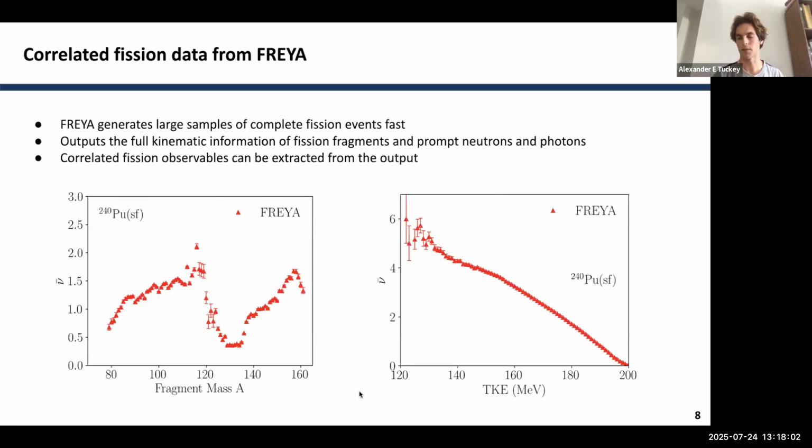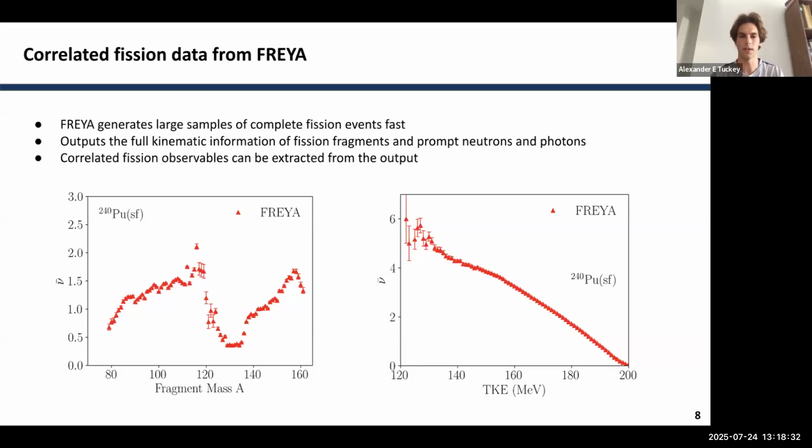Okay, so what I just described was for one event, but we want to do this many times because Freya is very fast and we want more statistics. So Freya is very good at generating these large samples of complete fission events very quickly. And the output of these events contains the kinematic information of the fission fragments and the prompt neutrons and photons.